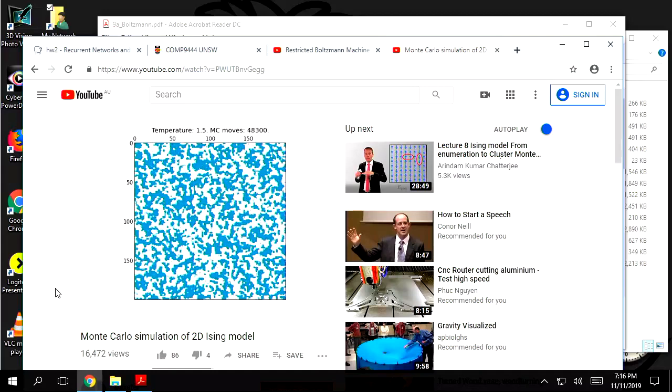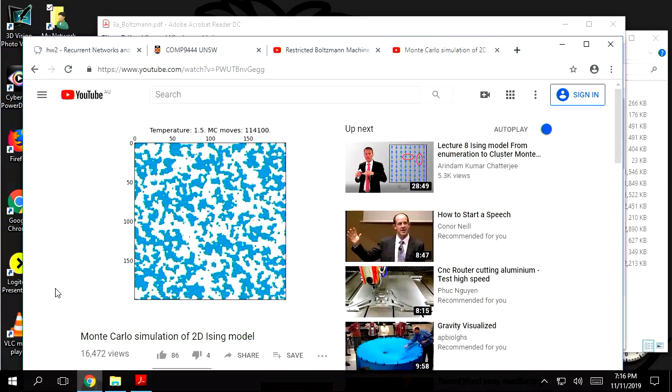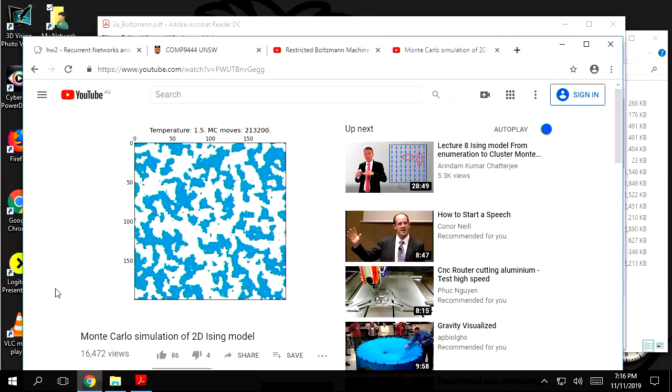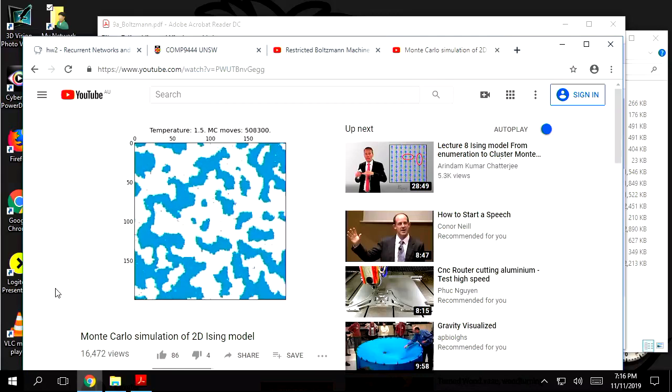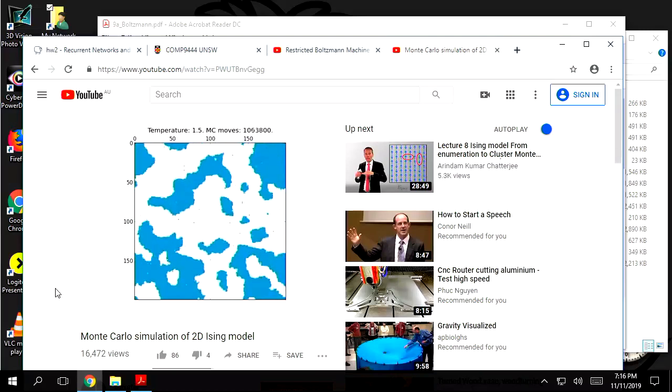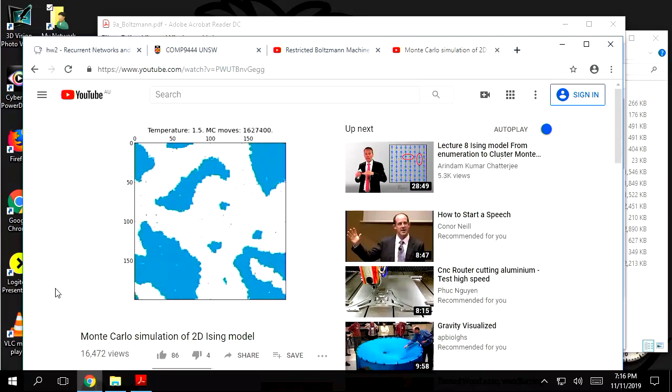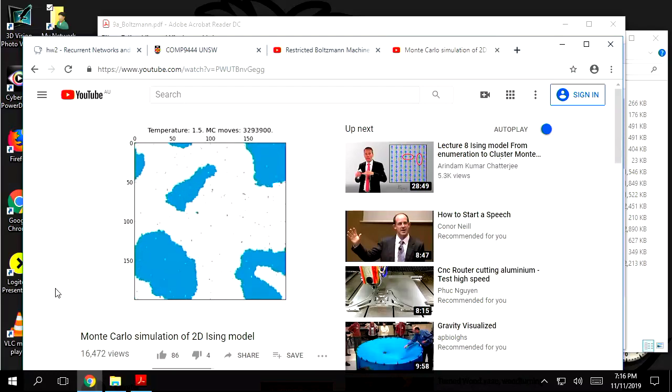And you see gradually what happens is little isolated points of one colour tend to disappear over time, although occasionally they will appear randomly and later disappear. But over time, this sort of structure emerges. It's like a battle between the ones pointing up and pointing down, and it takes quite a long time for one of them to win out against the other.